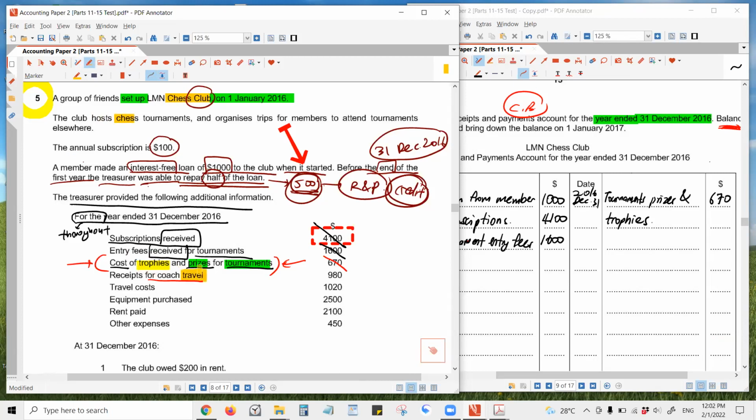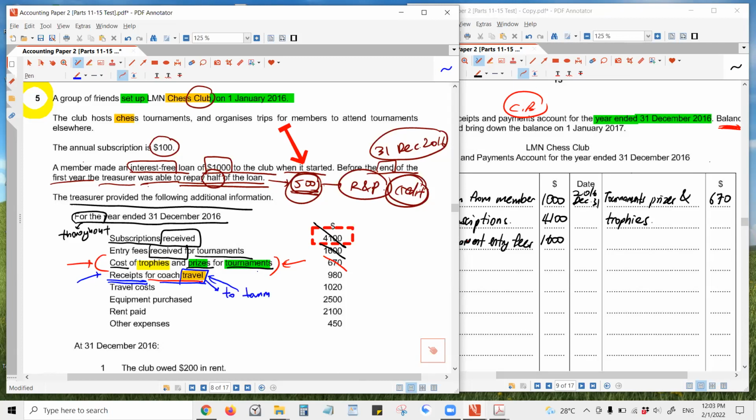Coach travel. I'm trying to determine whether this is receiving money or making payment of money. Receipt for coach travel. Coach travel to where? Probably it is talking about traveling to the tournament.